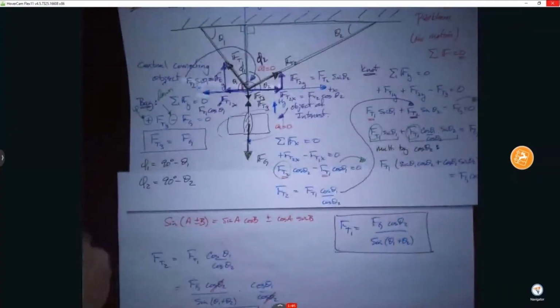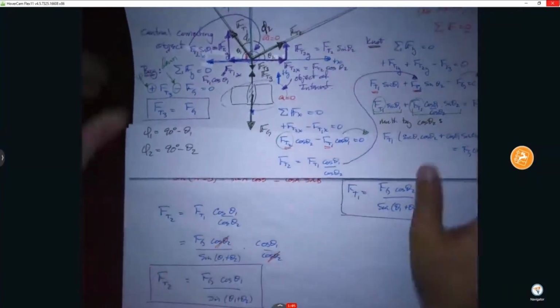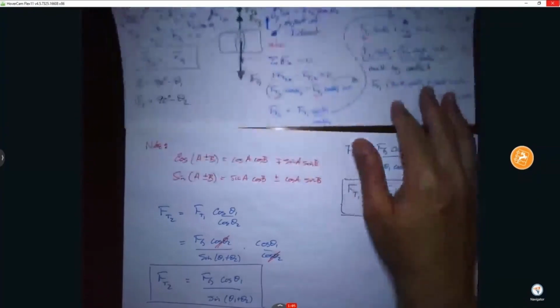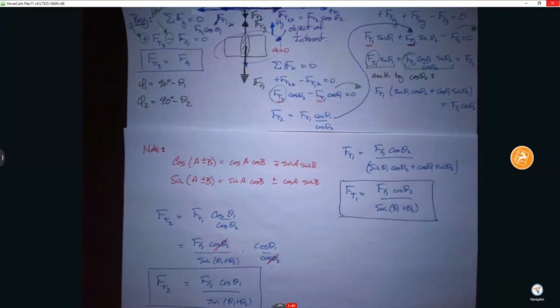Okay. And so what we'll find is that this is a very simple example of a problem that a structural engineer or an architectural engineer might end up doing. This is a very simple statics type of problem for engineering purposes.